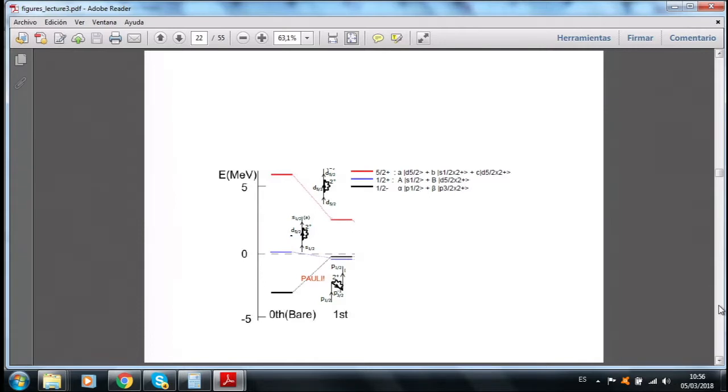If you couple to the 2+ and you have an S1/2, you need a positive parity state here to develop the diagram. In this case, you have one, which is the D5/2. If you want to develop this diagram for the P, here you would need something like a P3/2.